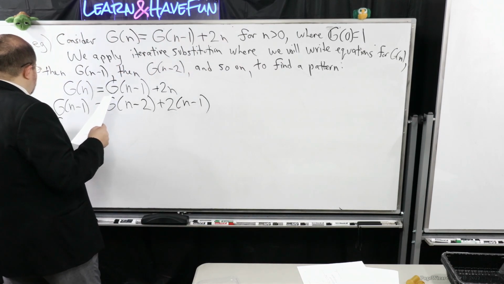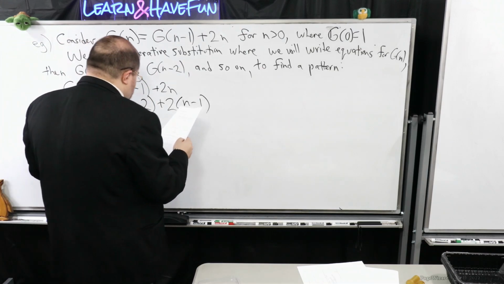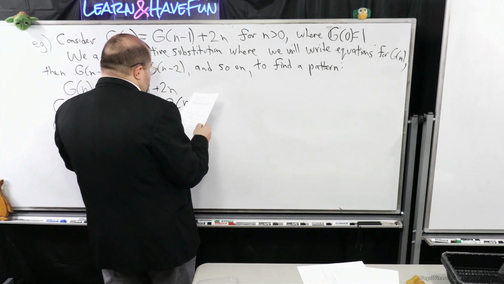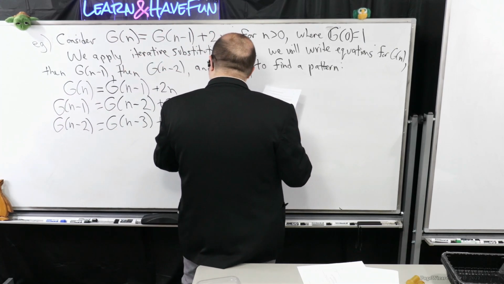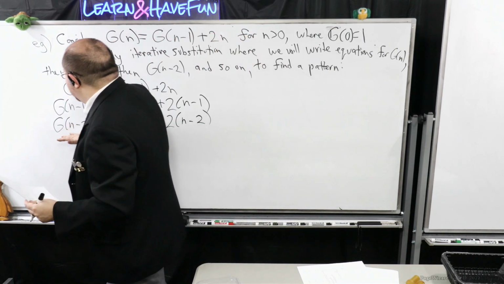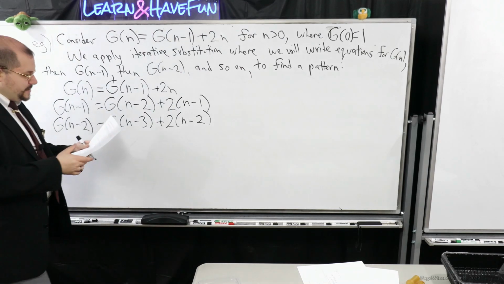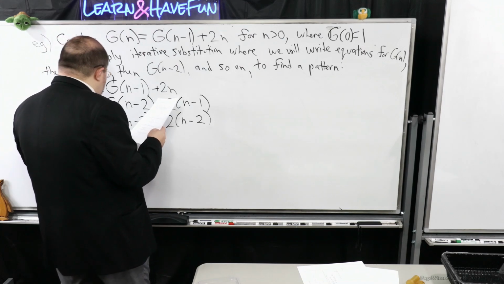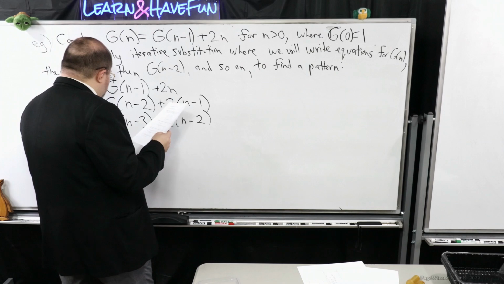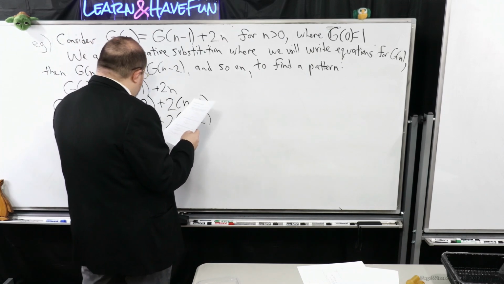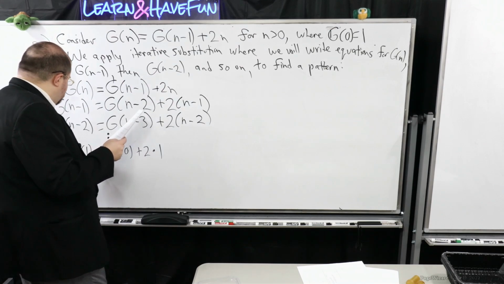And so on. g of n minus 2 is going to be 2 less, so this would be g of n minus 3 plus 2 times n minus 2. So wherever you had the n, you put in whatever that input is. And so on, until you get g of 1, which is equal to g of 0 plus 2 times 1. And then we have g of 0 is equal to 1.